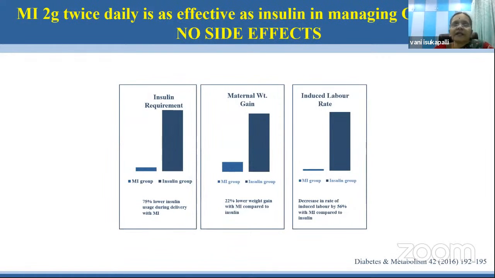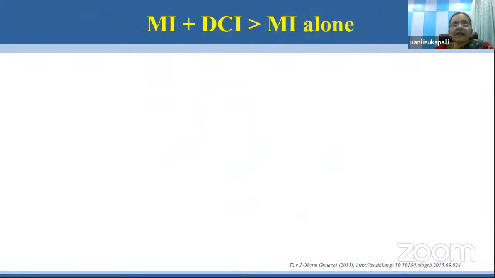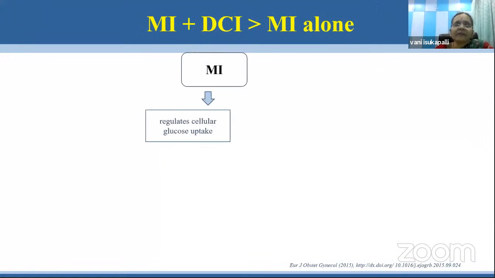There is yet another extended study regarding the side effects with myoinositol. Myoinositol decreases the insulin requirement. Myoinositol decreases the maternal weight gain. Myoinositol reduces the rate of induced labor in diabetic mothers. So these are all the studies regarding MI and DCI.